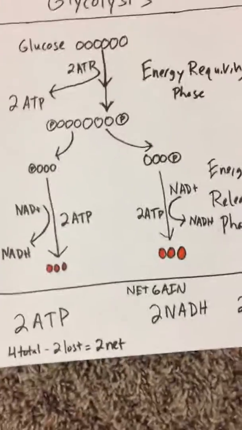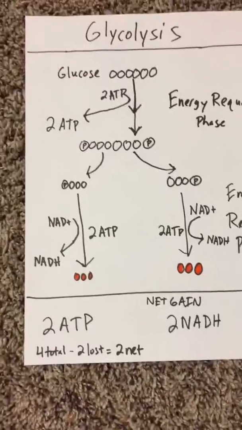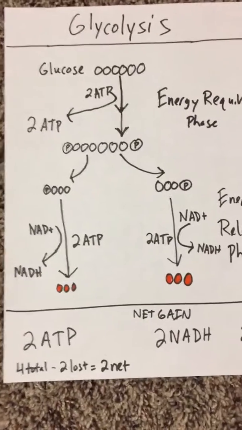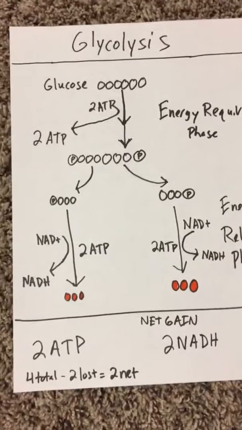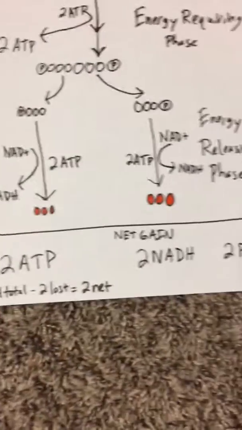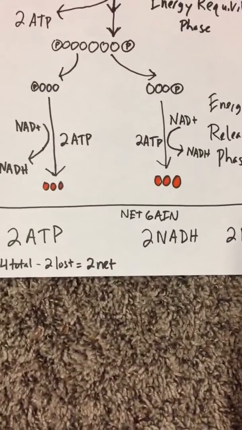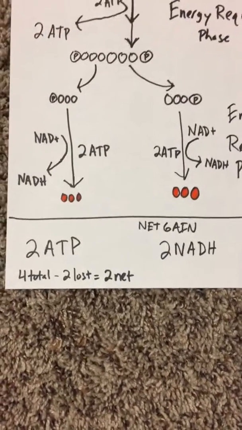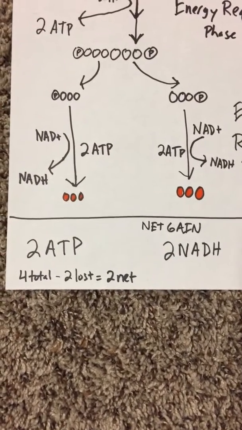To refresh our minds on the total process, glycolysis converts 1 6-carbon molecule of glucose into 2 3-carbon molecules of pyruvate. The net gain, as we're going to see here on the bottom, is 2 molecules of ATP. Remember that we invested 2 that were used up early in the process.